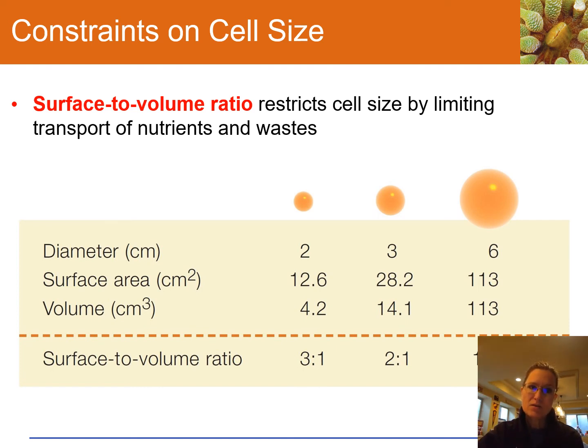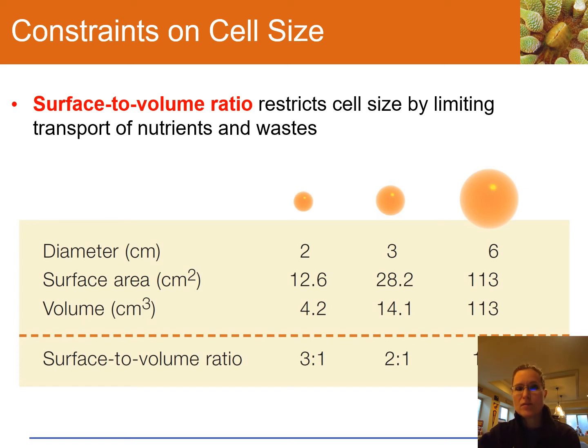But cells are small because that's what works, and it's based on diffusion and how much energy you need. And so we talked quite a bit about surface to volume ratio. The higher the ratio, so in this picture, a 3:1 to a 2:1, and then I think that's a 6:1. I don't know what it is. I can't do the math and I can't see it.